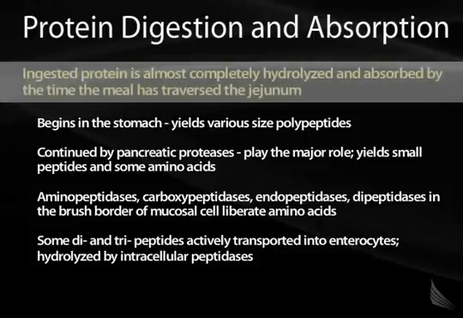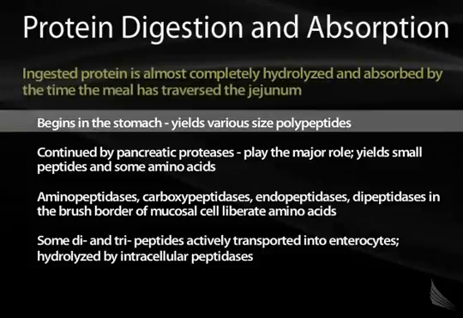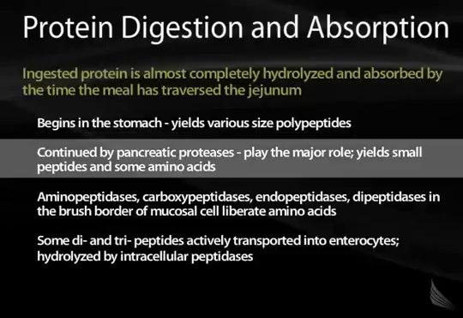Protein digestion is started in the stomach with the release of pepsin from chief cells in the form of pepsinogen. This yields various sized polypeptides. An ingested protein is almost completely hydrolyzed and absorbed by the time a meal has traversed the jejunum. After the stomach, pancreatic proteases play the major role in protein digestion, and this results in small peptides and some amino acids.